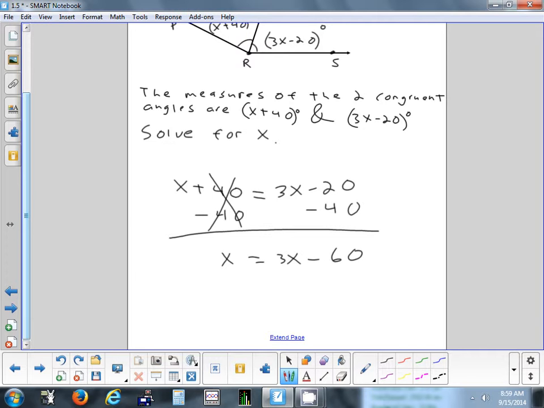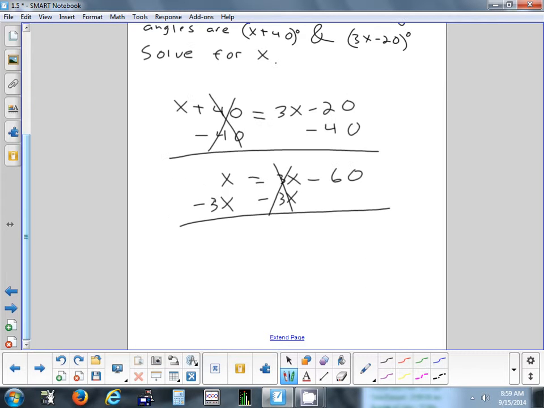Since we decided to put all our numbers without x's on the right, now we have to put all the numbers with x's on the left. That's the choice that we made in this problem. So Rose, how would I get 3x on the left? You subtract 3x. Yep. So by doing it the way we did it, we ended up with negatives on both sides, which is fine. It's going to cancel out. So we have x minus 3x, that's negative 2x, equals negative 60.